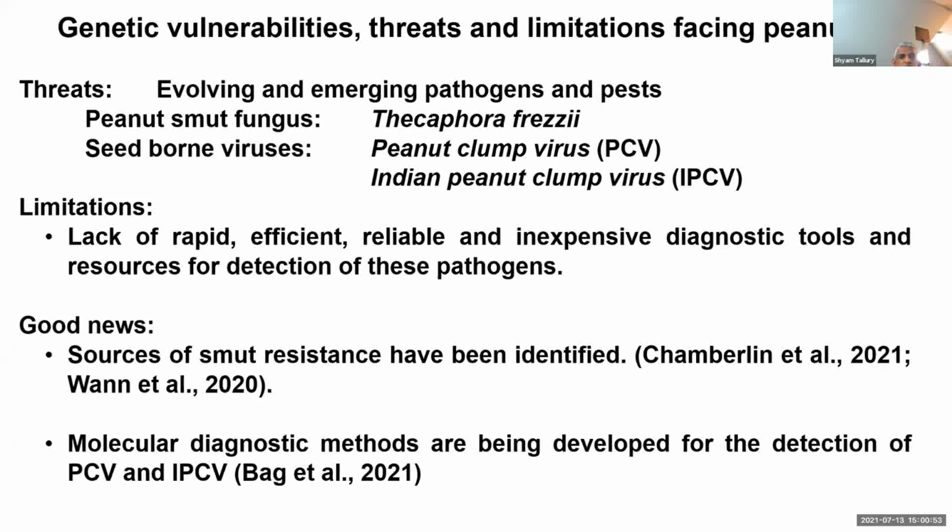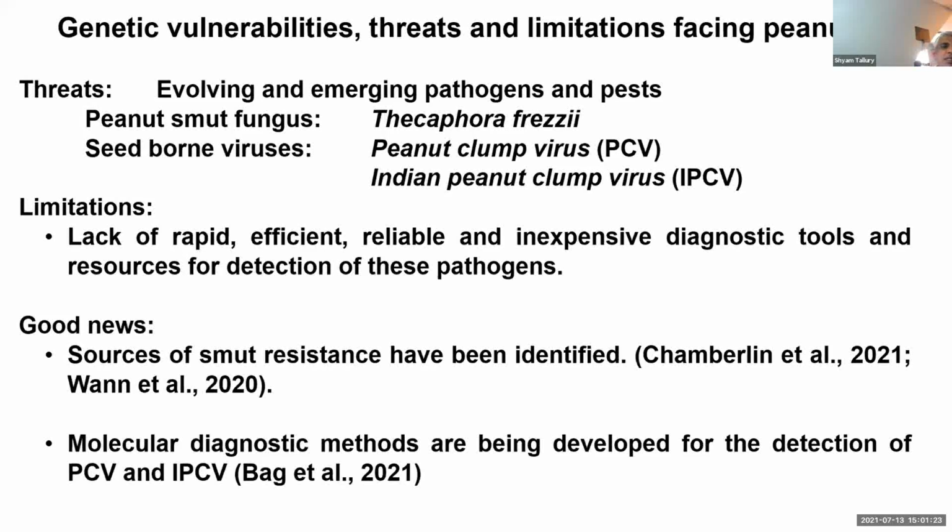And right now for peanuts, the peanut smut fungus is the most urgent threat to focus on. If people are interested to learn more about this, Dr. Kelly Chamberlain has a poster during this meeting, so I encourage you to go and read that.